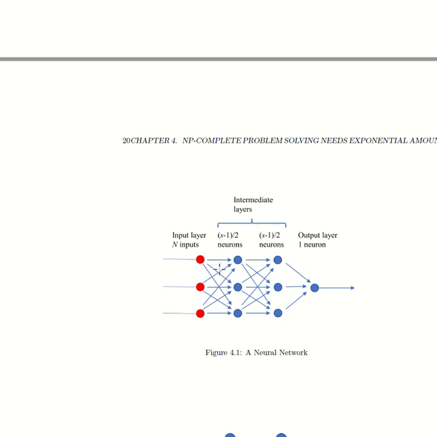If equal size is not possible and one layer is bigger, then we put the bigger one nearest to the input layer.